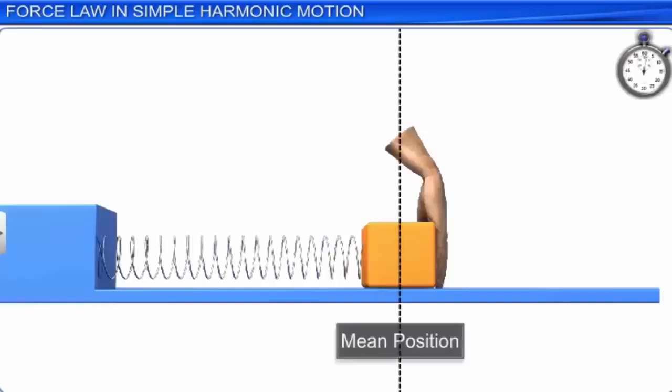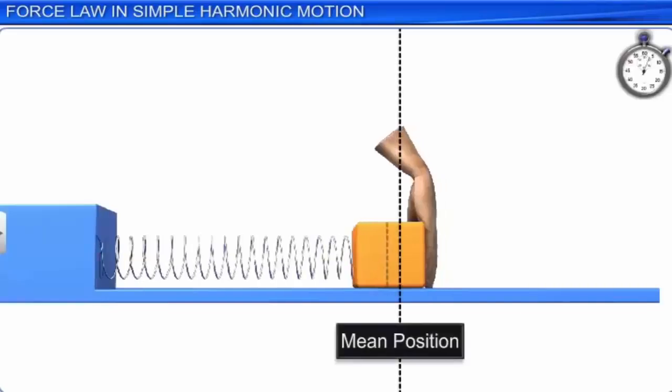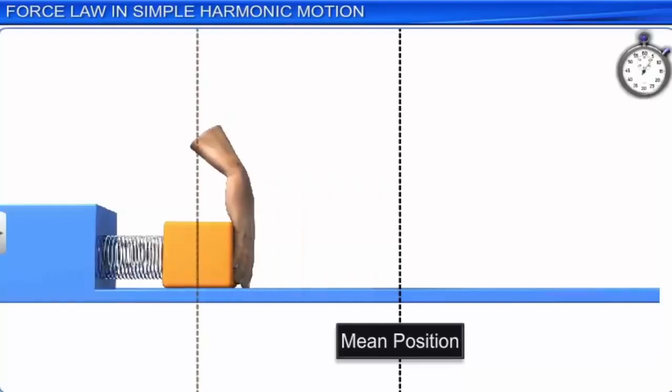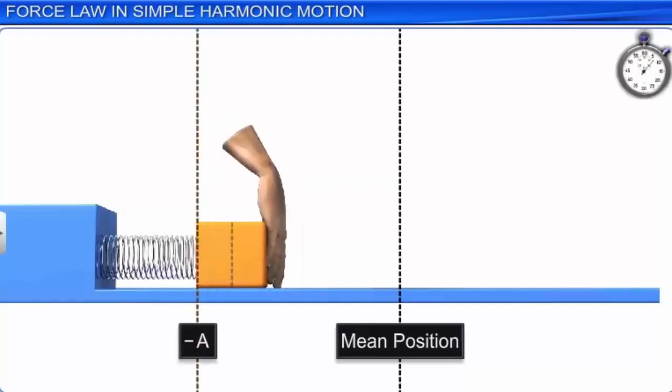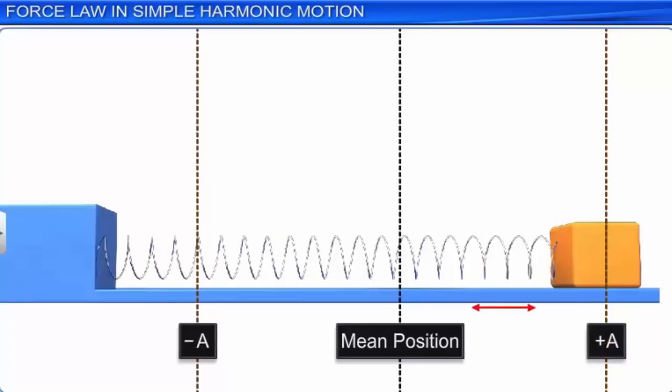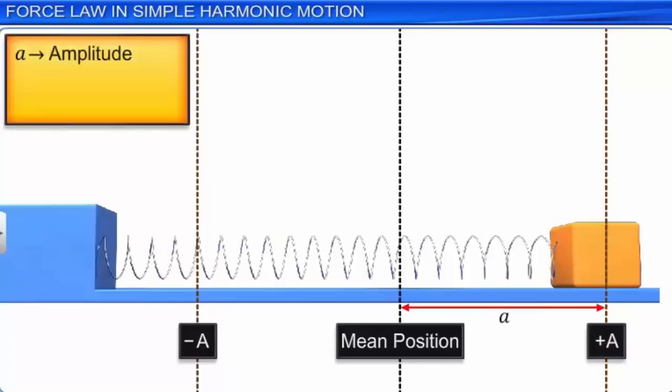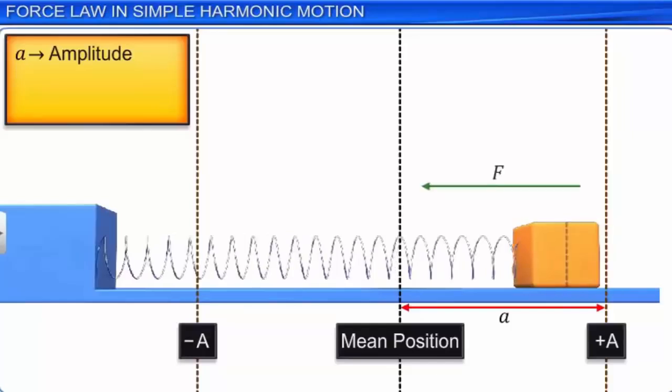Consider a body that executes simple harmonic motion with amplitude A. In this case, the force F of t always acts towards the mean position of the body and is proportional to the displacement of the body.